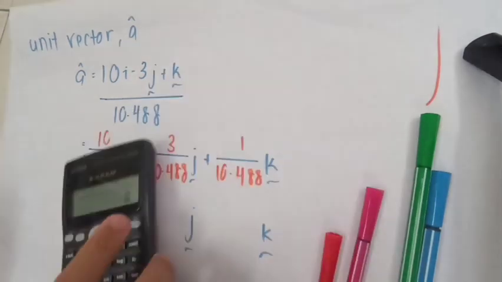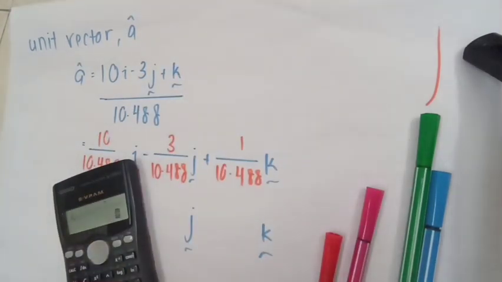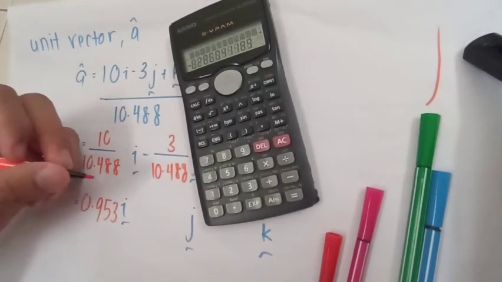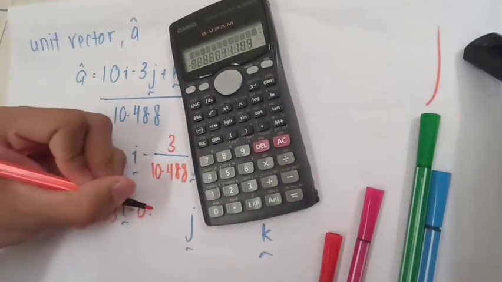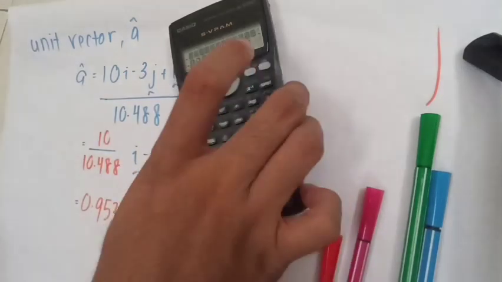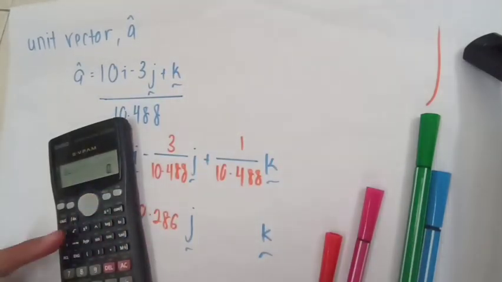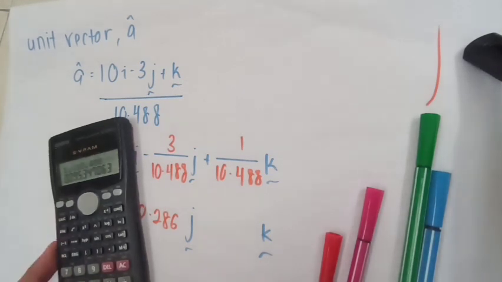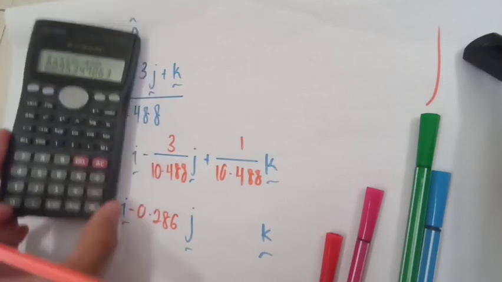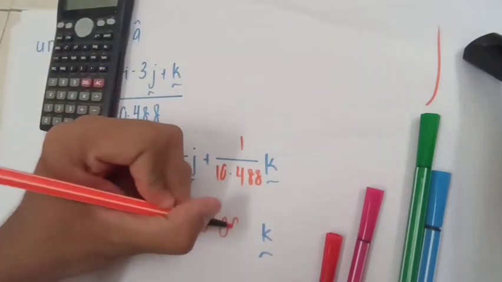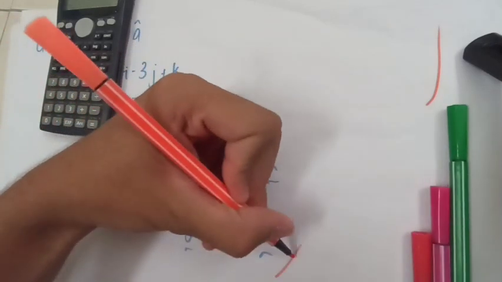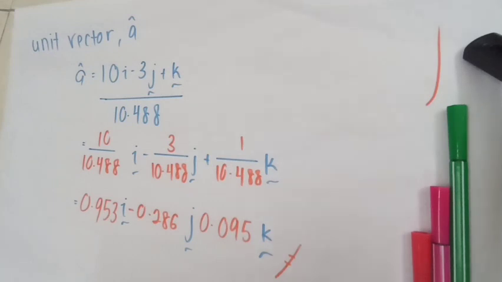And for j, it is negative 3 divided by also 10.488, and the final answer is negative 0.286. And for k, it is 1 over 10.488, which has the final value of 0.095. So this is the final answer for the unit vector that the question asked.